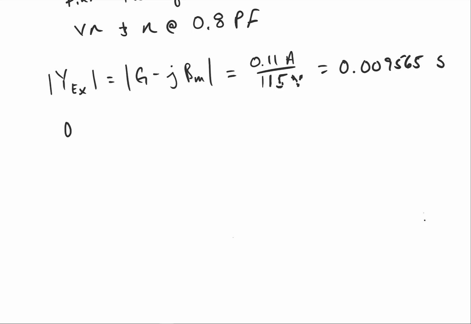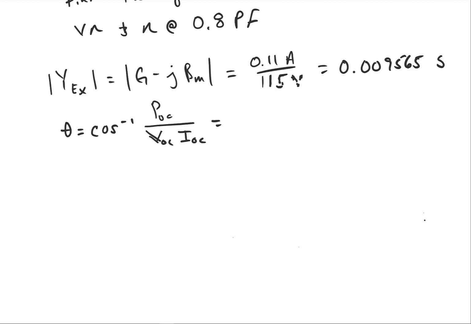To find that angle, the equation that we need is that the angle theta, we're going to use the power here, is the inverse cosine of the open circuit power divided by the open circuit voltage times the open circuit current.